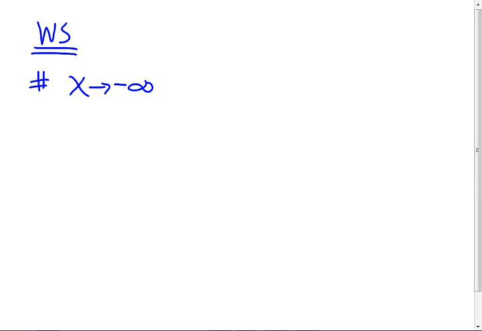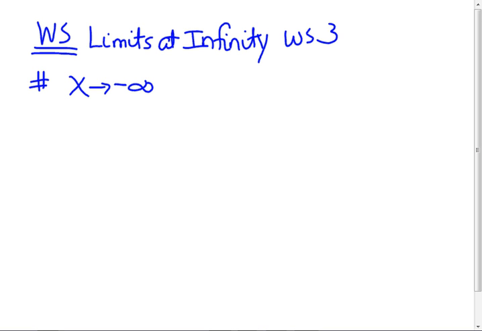This is all you have to take home. And it doesn't say worksheet 3, but it should. It's called limits at infinity. It's worksheet 3. Number 11. Oh, sorry, I forgot to write that down.